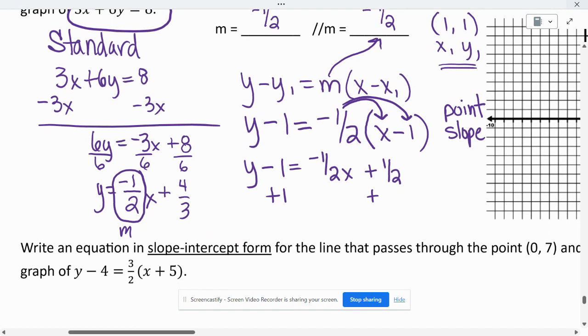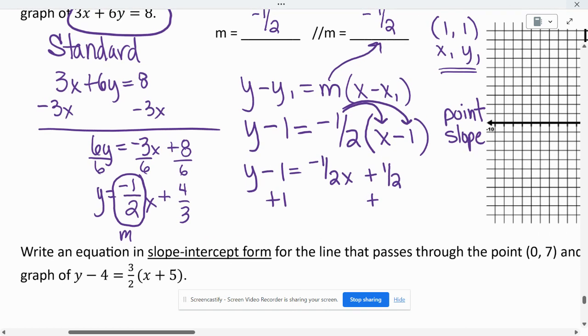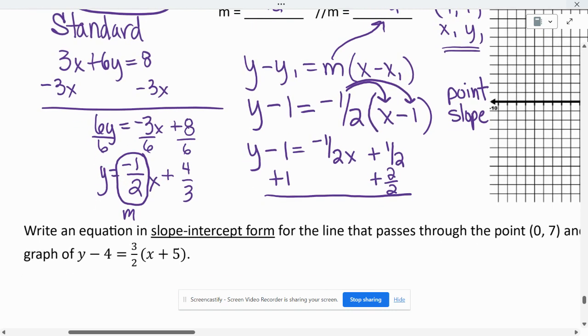What is another way to write the whole number 1 so it's a fraction with a denominator of 2? 2 over 2. 2 over 2 is the same thing as the whole number 1.